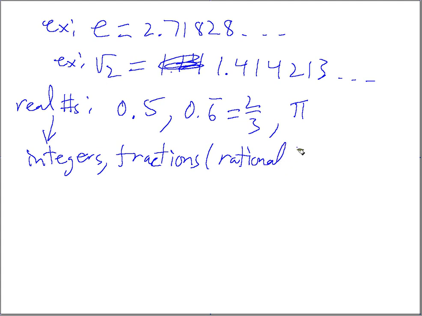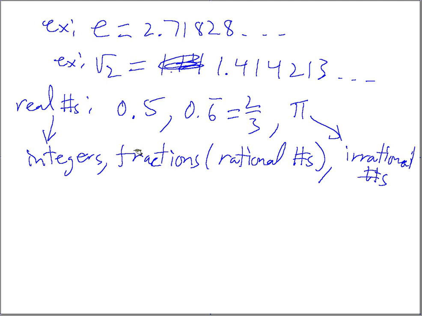And pi is called an irrational number. Decimals that go on forever and don't repeat are called irrational numbers. So rational numbers and irrational numbers make up the real number system that we have in mathematics.